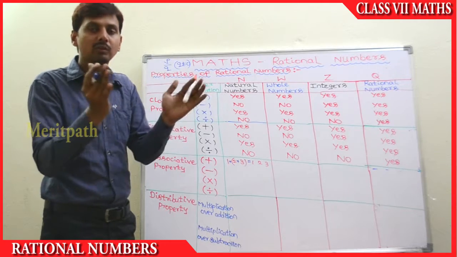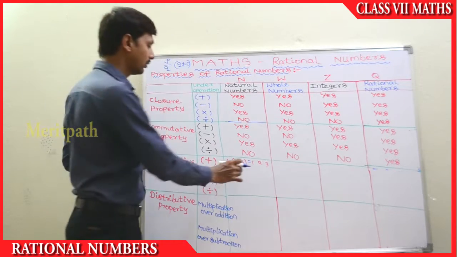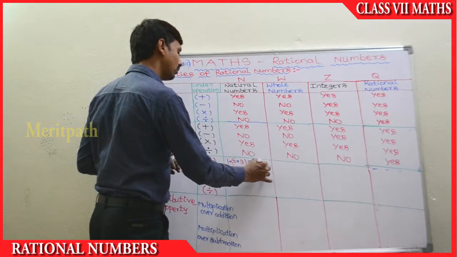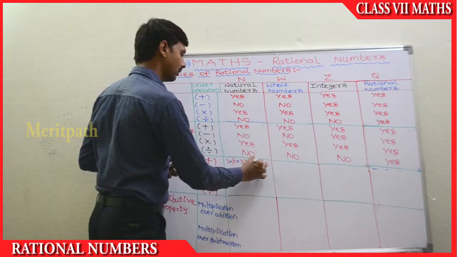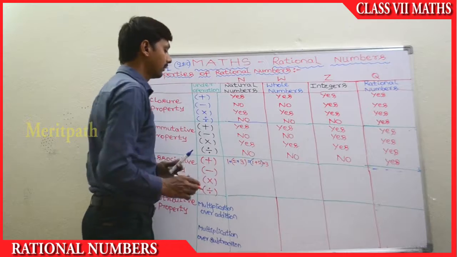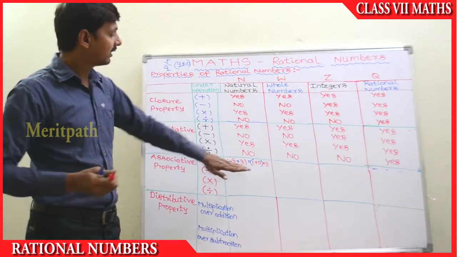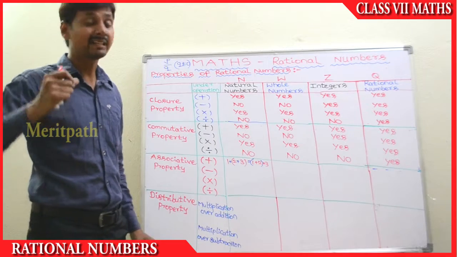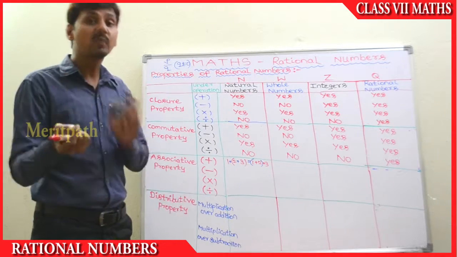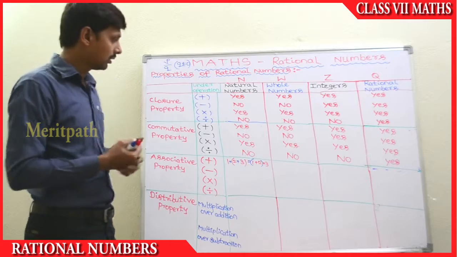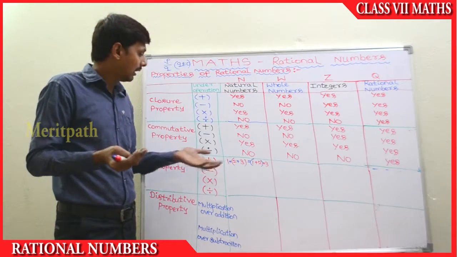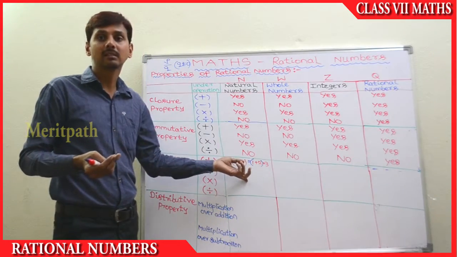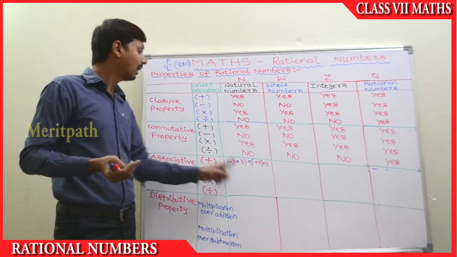So that we call a group. In this case let us take 1 and 2 as a group, 1 plus 2. In the first case, the LHS, 2 and 3 are taken as a group. In the second case, the RHS, 1 and 2 are taken as a group. If both are equal, we say this kind of property is the associative property of addition.